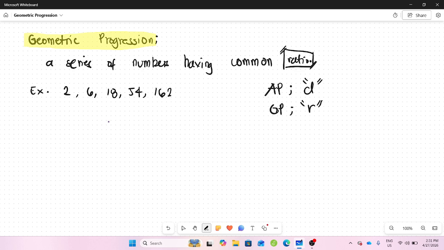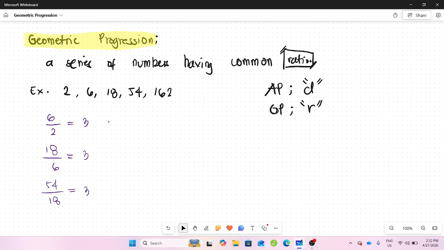So this is an example of a geometric progression, and let us analyze what made this series a geometric progression. So if we divide 6 by 2, the ratio, we get 3. Similar to 18 divided by 6, we get as well 3. And then 54 divided by 18, we get 3.